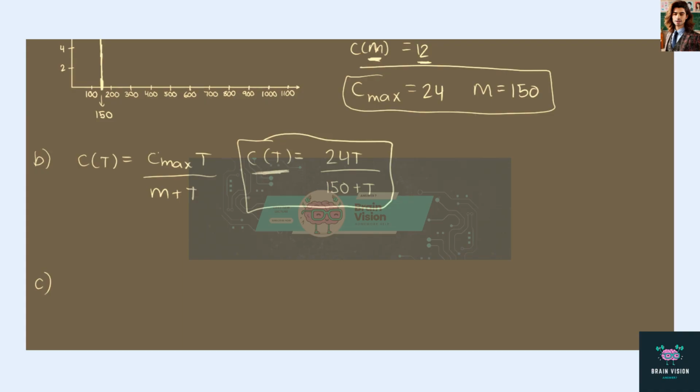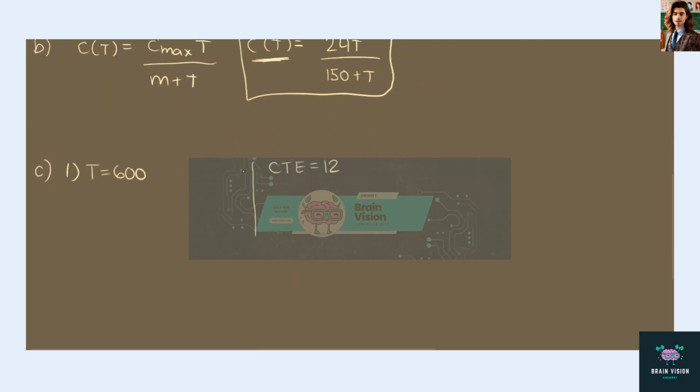Part C wants us to use the function we just created and apply it to two scenarios. The first is when the temperature is 600, and the second is when the CTE is 12. Let's do the temperature one first.